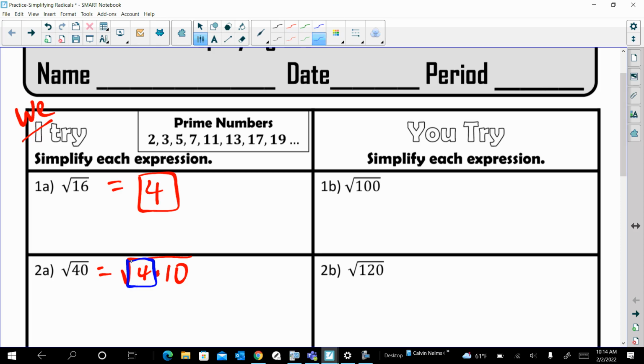What is the square root of 4? So the 4 is gone, and now the 2 comes out. So the final answer would be 2 square root 10. What's not stays in. What I don't square or box stays underneath the radical.